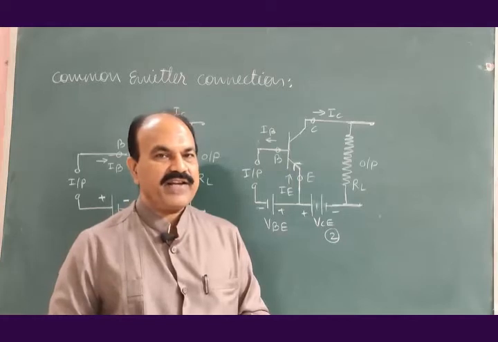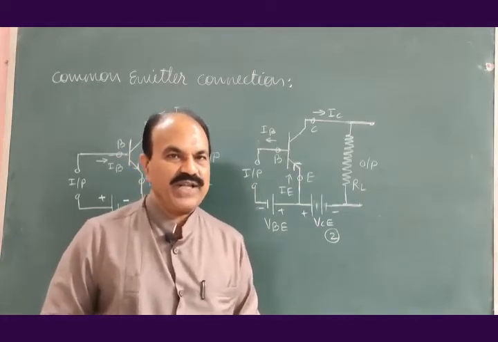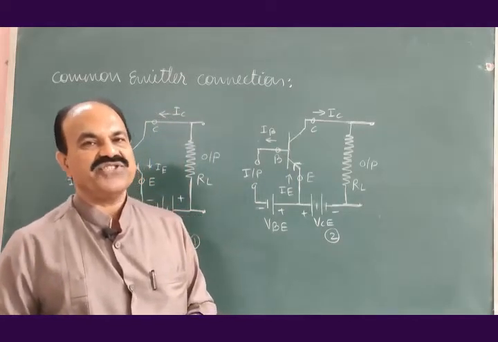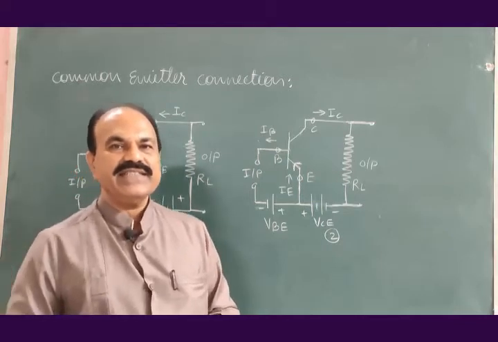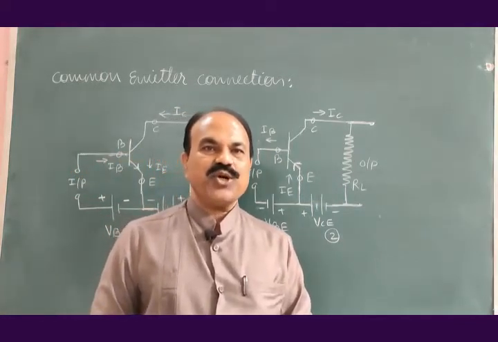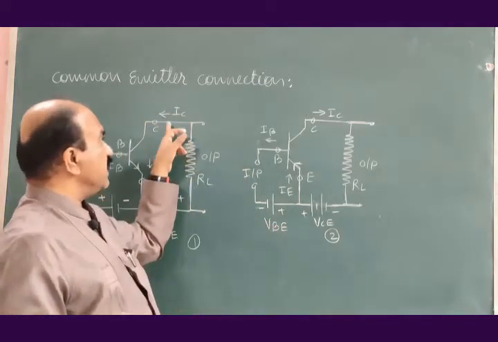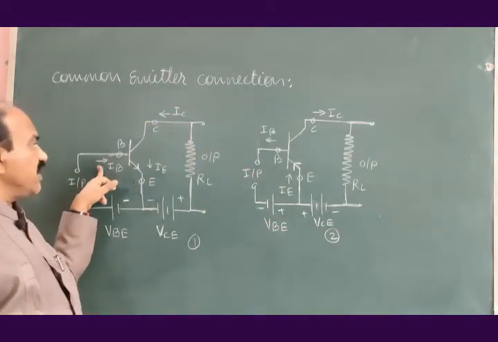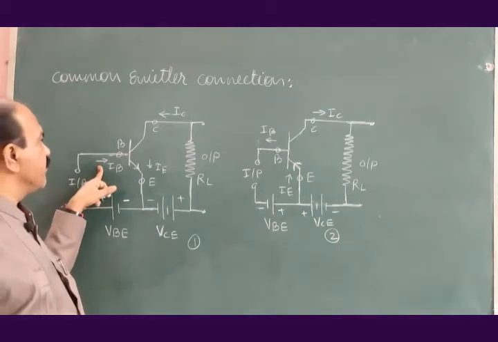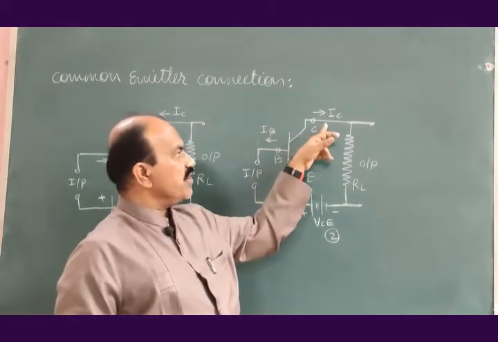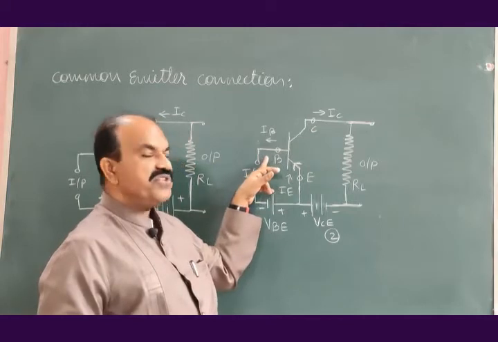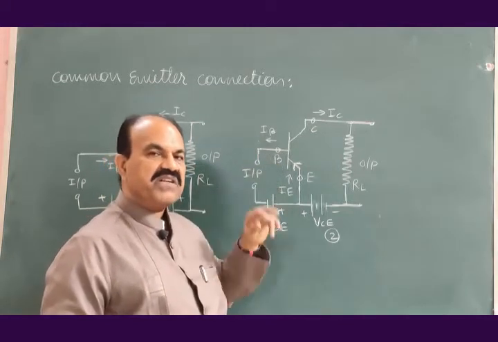We earlier made the definition of current gain while talking about the common base connection of the transistor, and it is the ratio of output current to input current. What is output current? Collector current. What is input current? Base current.